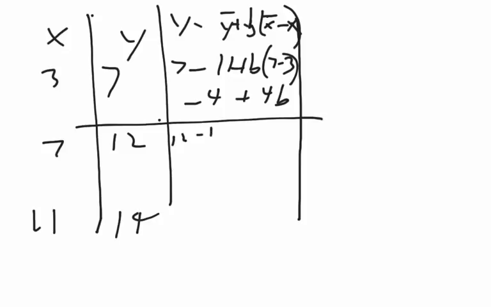And the second one, we got 12 minus 11 plus b times 7 minus 7, which turns out to be 1. Because the 7 minus 7 turned out to be 0, and 12 minus 11 turned out to be 1.